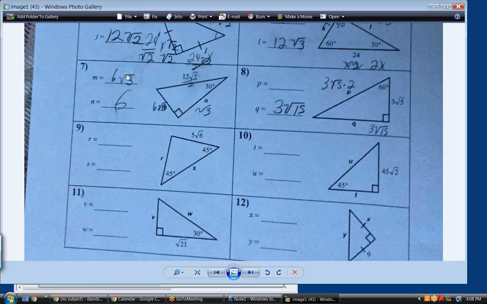I mean, it's not accidental, but we're always taking that similarity ratio, multiplying it by 1 to get this side. And the short side ends up always being the similarity ratio. That's what the similarity ratio is, that short side.